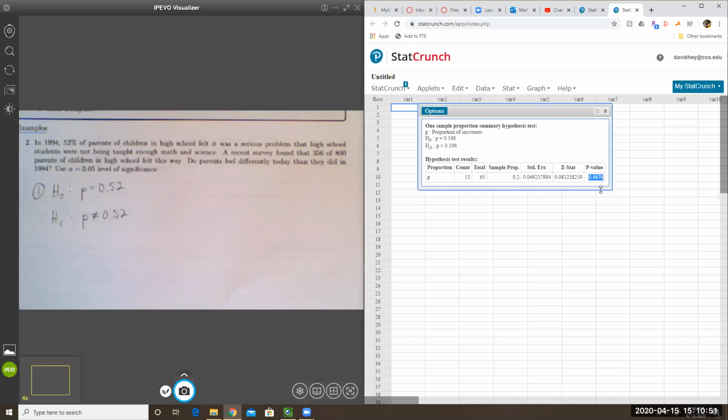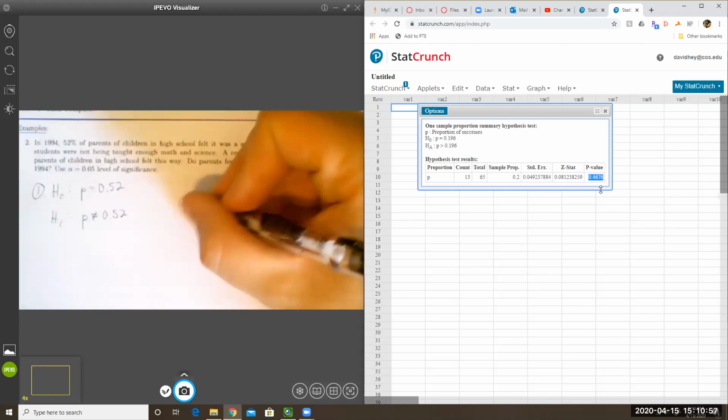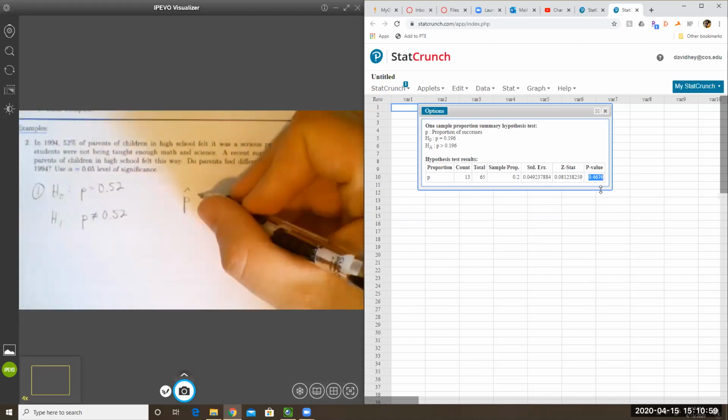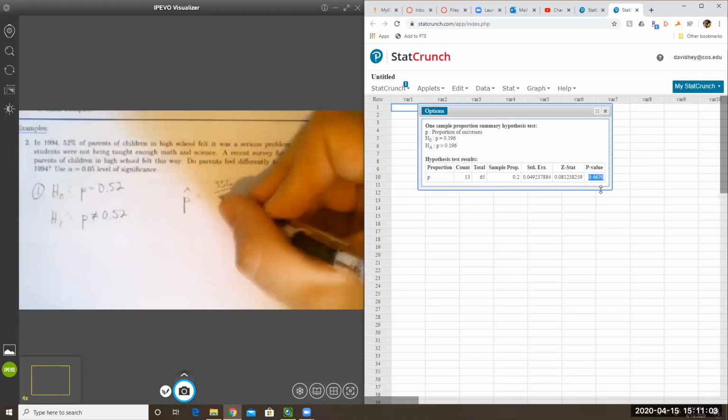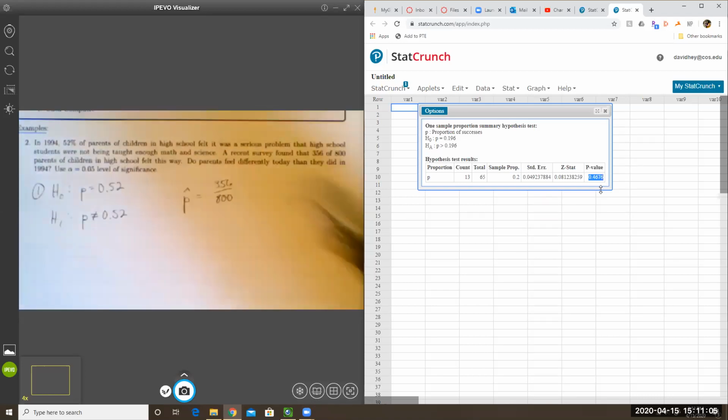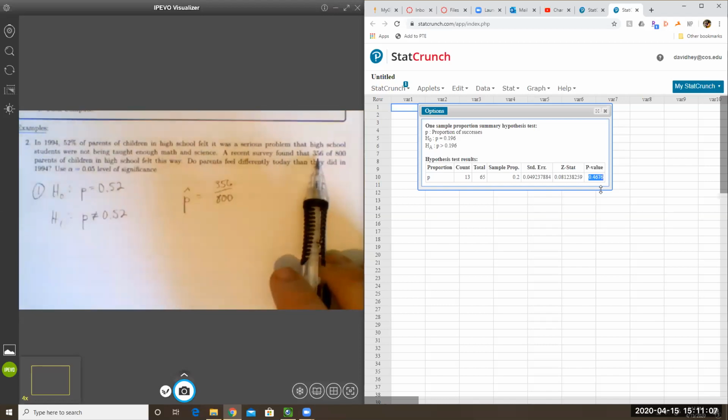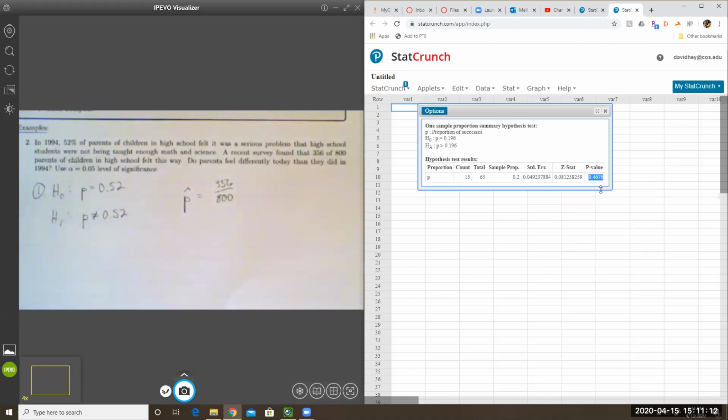Now, at this point, it's not totally necessary to compute the sample proportion, but I like to compute the sample proportion before we run the test in StatCrunch because it gives me some intuition in terms of whether or not I think we're going to be rejecting the null. So our sample proportion is going to be 356 out of 800, right? So let's see. How much is that?